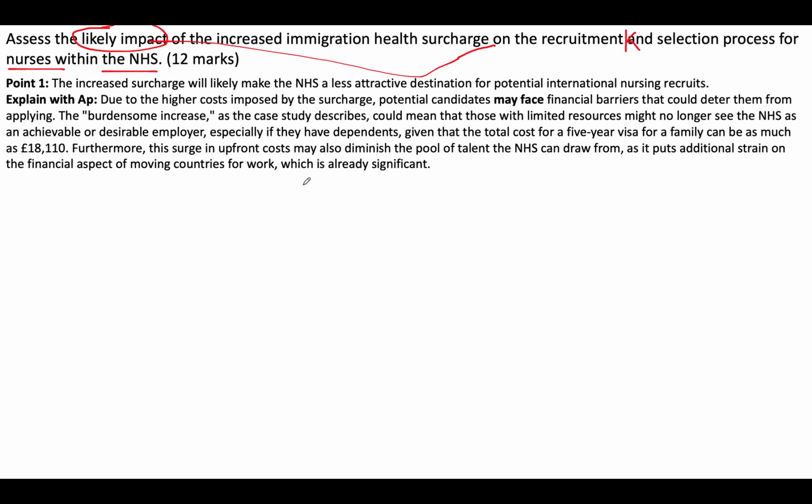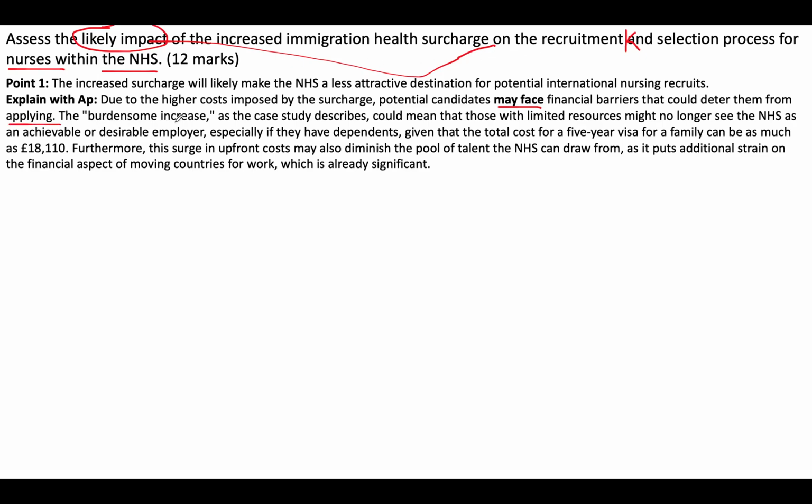Let's see. Due to the high costs imposed by the surcharge, potential candidates, that's the language from recruitment and selection, may face, that is a chain of argument, but I haven't emboldened all of them for you, financial barriers that could deter them from applying. Okay, this is language from this.